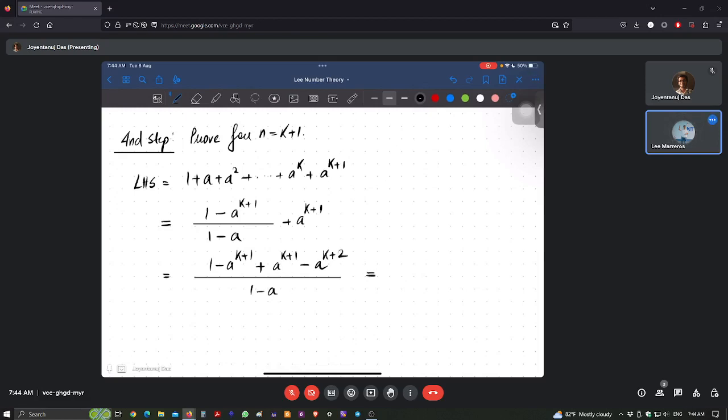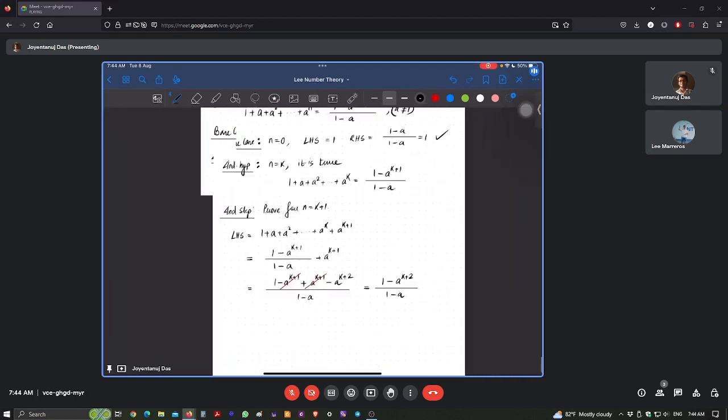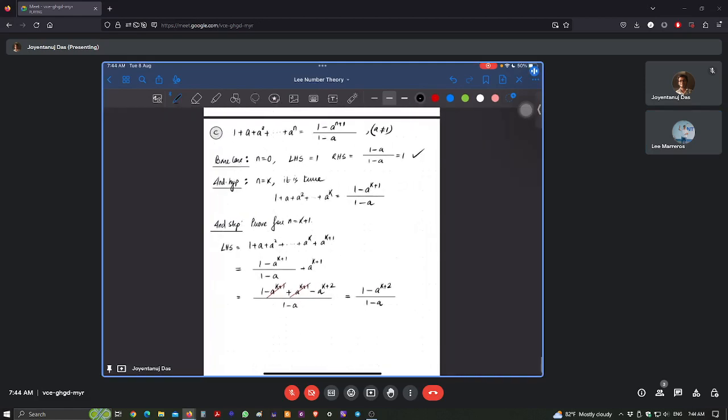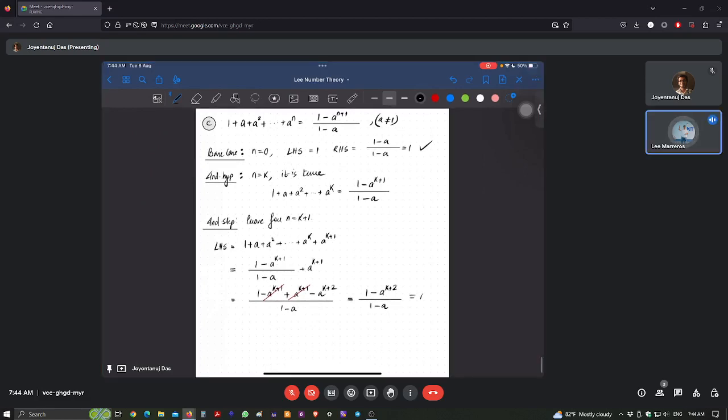Right. So here these two things will cancel. So this matches with the formula, right? When n equals to k plus 1, it matches with the formula, right?